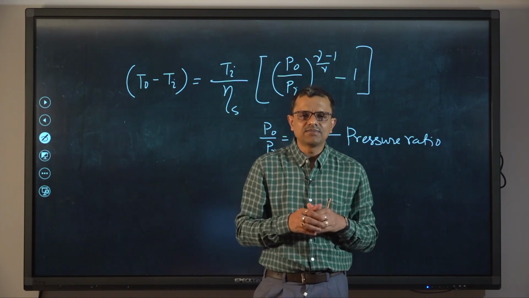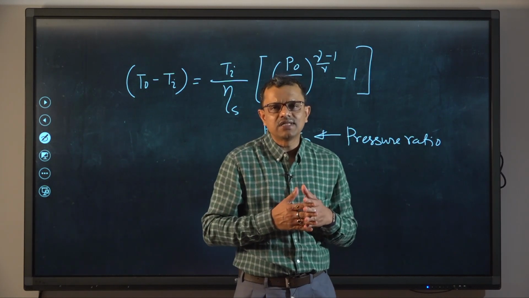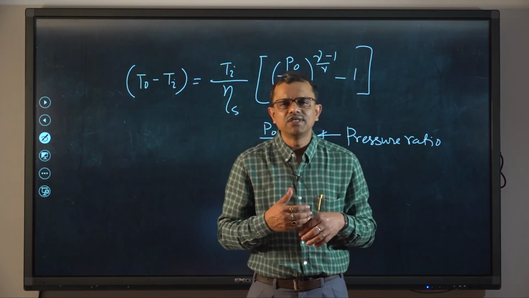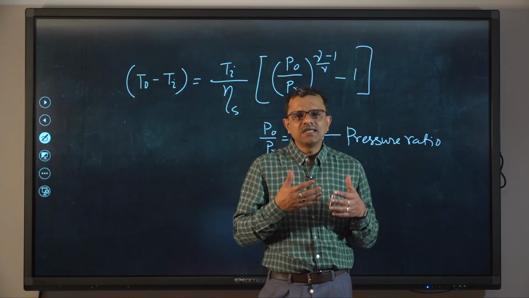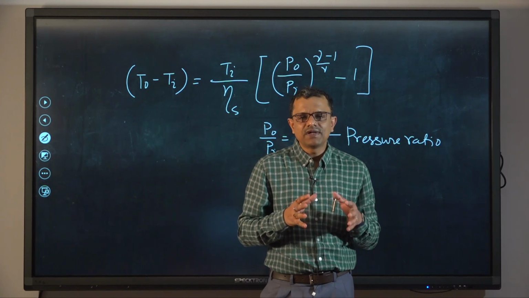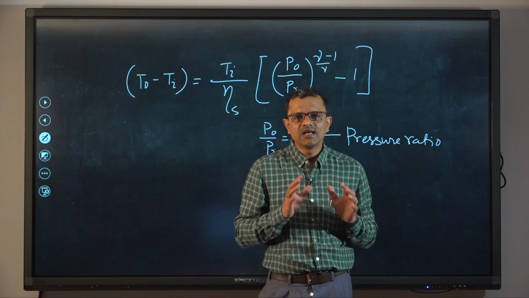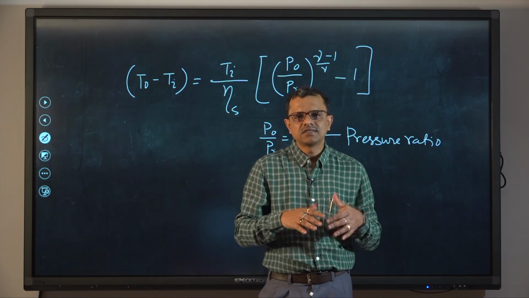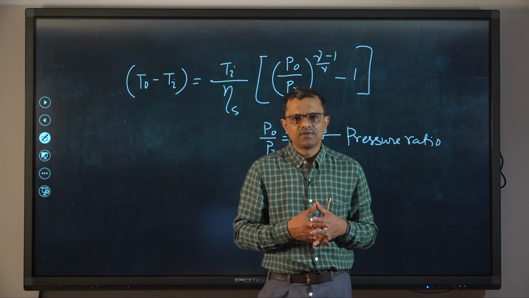Thereafter, we have discussed the outcomes of a particular method, that is supercharging, that is, if we need to go for compression of the intake air. Then we have discussed different types of compressors used for supercharging, and finally we have mathematically established some expressions that are very useful to solve numerical problems.